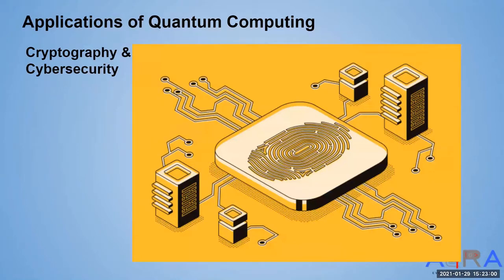And yeah, I have already mentioned cryptography and cyber security, and it has been said that if quantum computers come into the picture, then they can break all the classical encryption algorithms. But I can tell you that there has been a recent development.